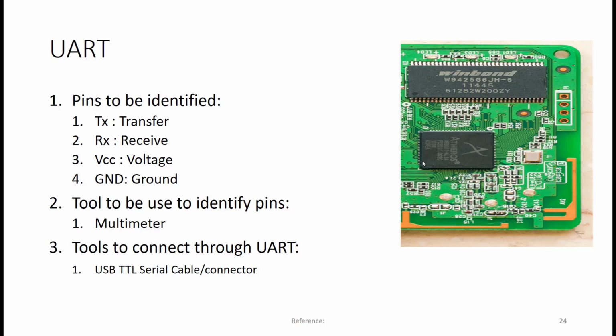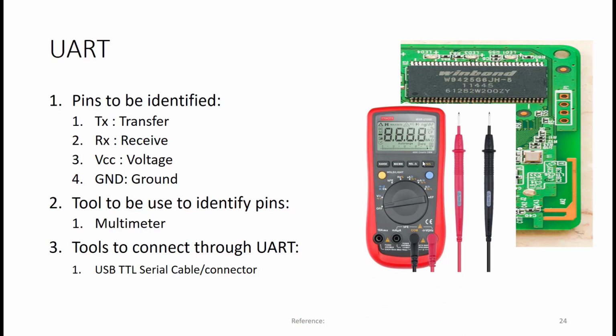Once you have identified these four pins, you need to identify which one is TX, which one is RX, and which are VCC and ground. Although for UART communication you need only three pins, which are TX, RX, and ground, the fourth pin, which is VCC, is just to identify on which voltage this board is running.